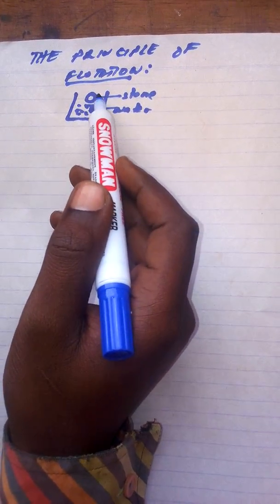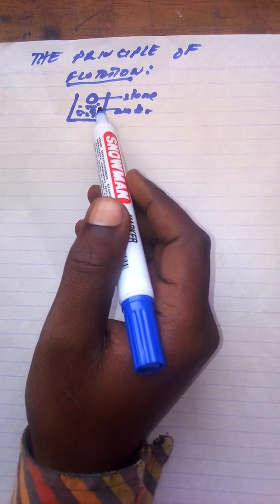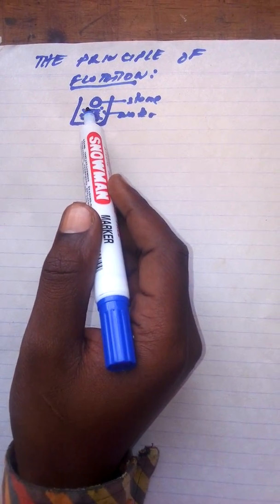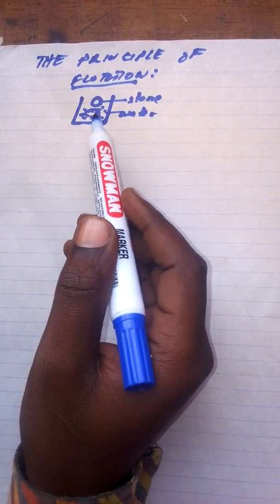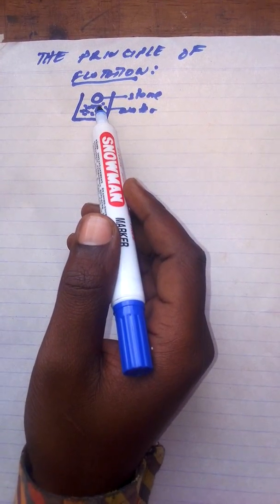So the mass of this stone will be the same as the mass of this water displaced. And also the weight of this stone, when it is placed in this beaker which is full of water, will be the same as the weight of the water which will be displaced.